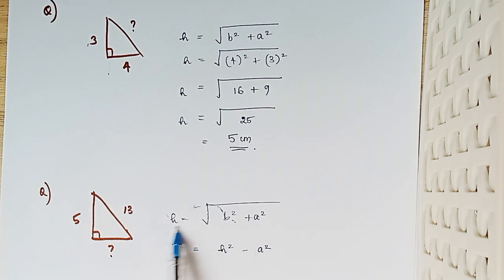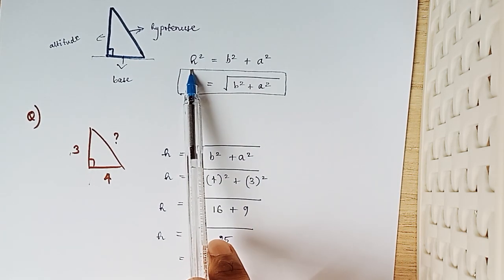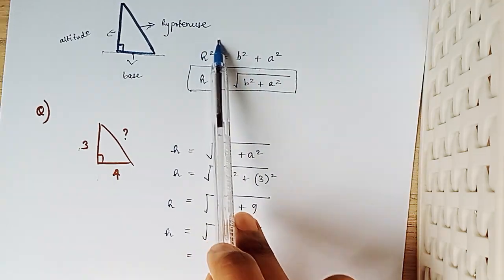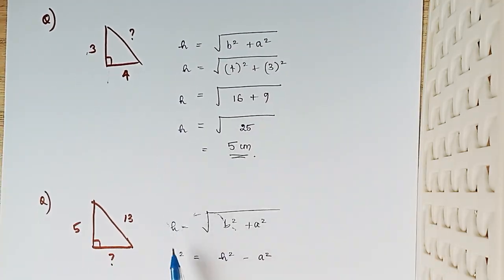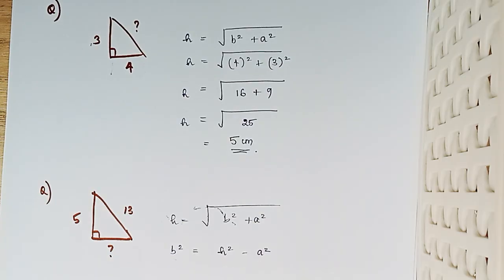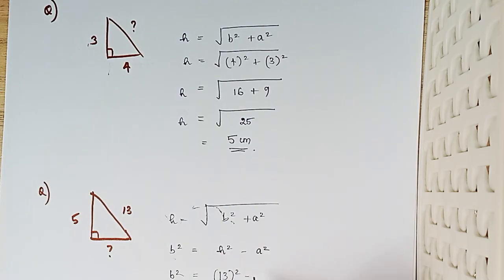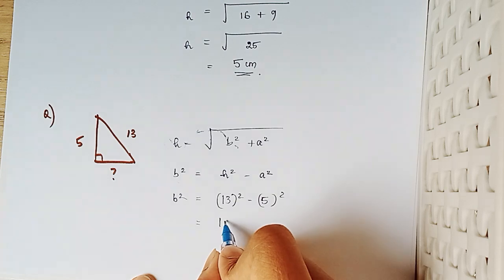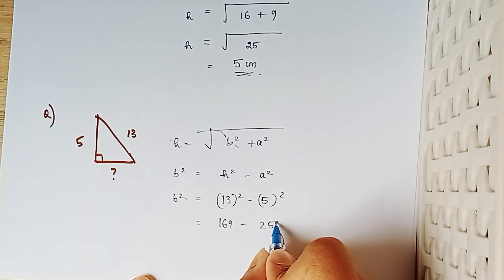Where do we get this equation from? Here, hypotenuse square is equal to base square plus altitude square. You took the base to this side and hypotenuse to this side, so it becomes hypotenuse square minus altitude square. We don't know what base square is, so we let it be. Hypotenuse is 13, that is 13 square, minus altitude is 5, which is 5 square, which is equal to 169 minus 25.